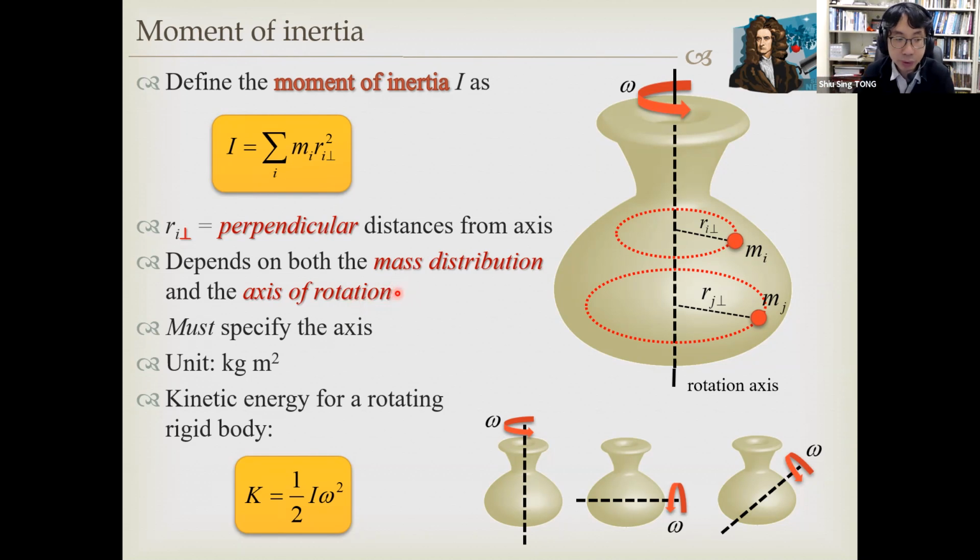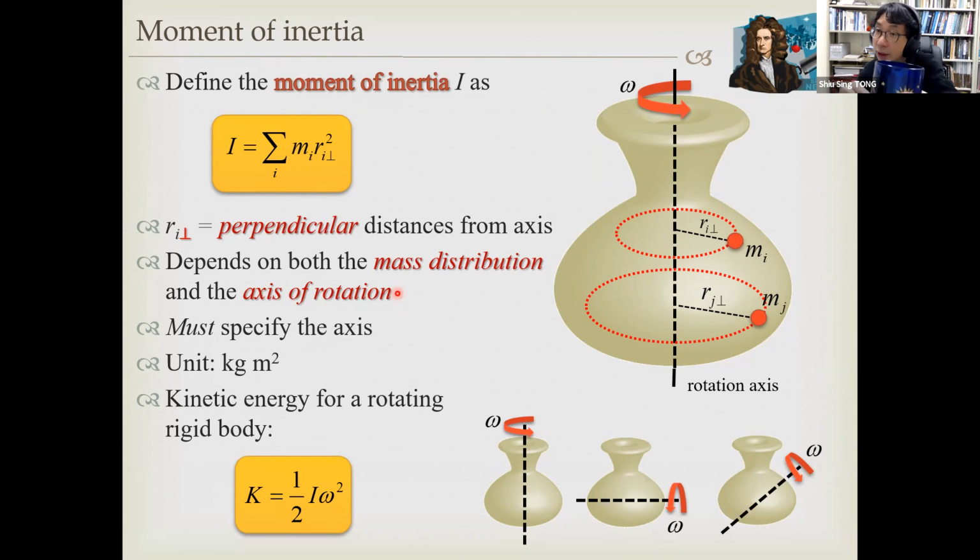Suppose I have my cup here, and I rotate the cup about my elbow, like this. The cup also has a moment of inertia about this axis. This is the axis of rotation, and in this case, my axis of rotation is actually outside this cup, outside the body. But you can still calculate that, right?